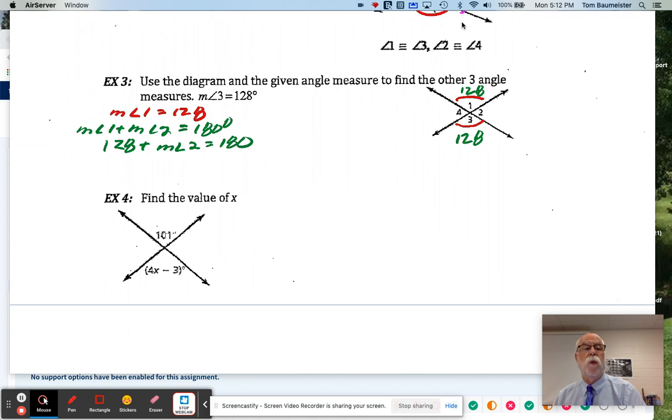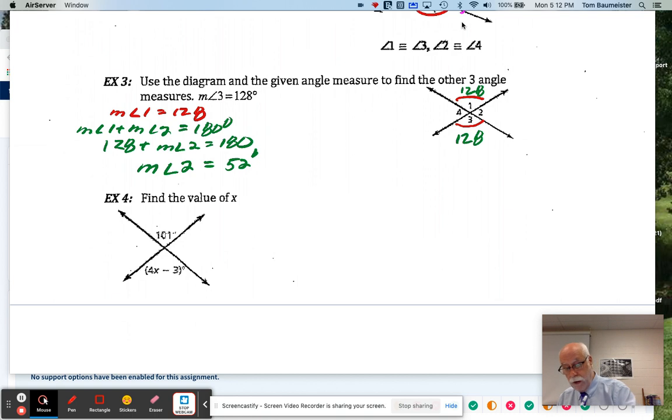Subtracting 128 from both sides, that will give us that the measure of angle 2 is equal to 180 minus 128, which is 52, right? 52 degrees.